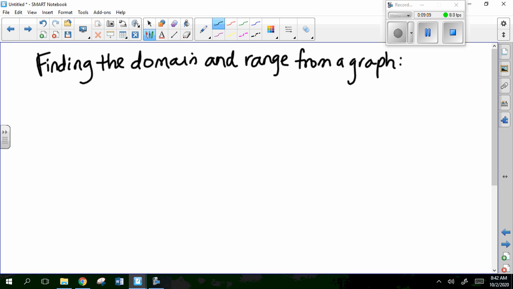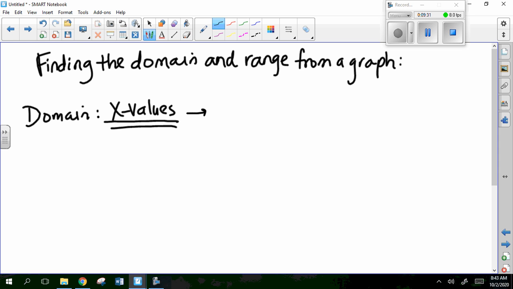All right, so for the domain, it's still definitely the x values. That you cannot forget. Okay? So then how do you get the x values from a graph?